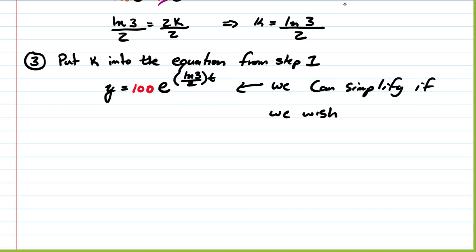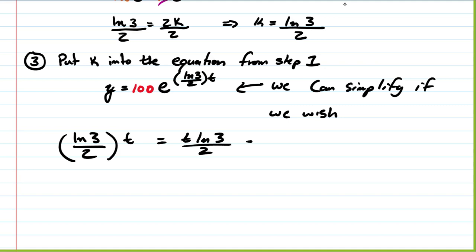The simplification will be nice, though. So we have the natural log of 3 over 2 times t, which is the same as t times the natural logarithm of 3 over 2, which we can write as t over 2 times the natural log of 3.